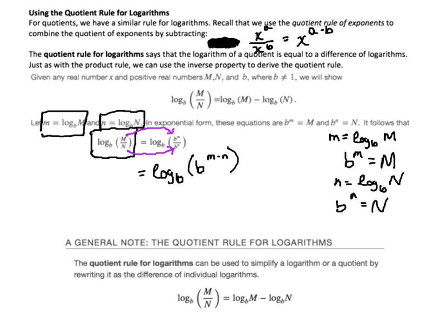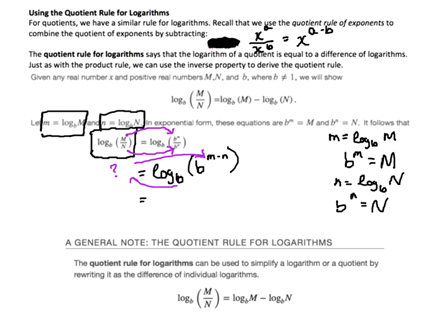And then I can say, if I have this expression here, it's really asking me, what can I raise b to, to get b to the m minus n power?